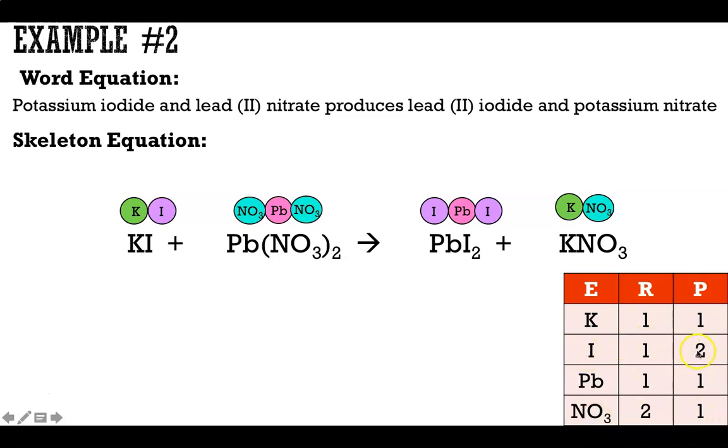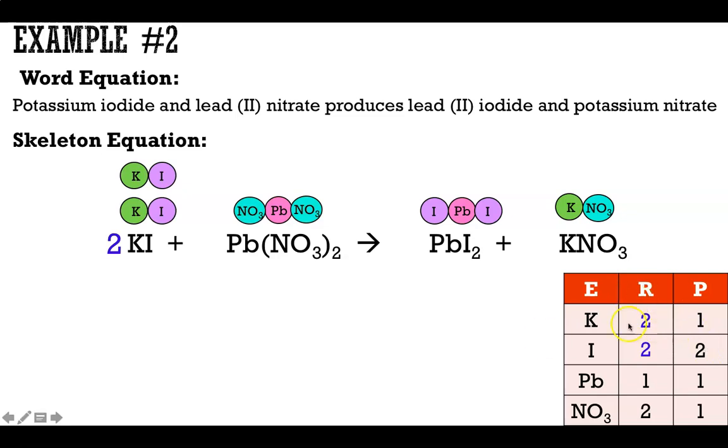I've got 2 on this side and only 1 on my reactant side. So I'm going to go through and write a 2 in front of potassium iodide so that I can add another one in there. So you can see that added a whole potassium iodide molecule here. And now I can go back to my chart and change it. So I've added a 2, which means there's 2 iodines on my reactant side, but it also changed my potassium.